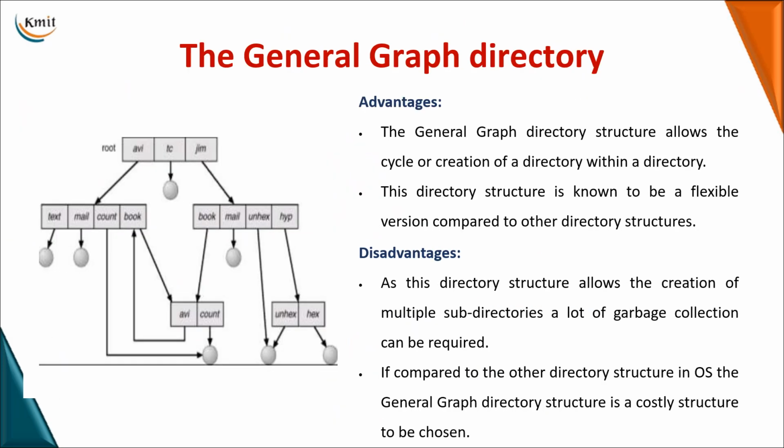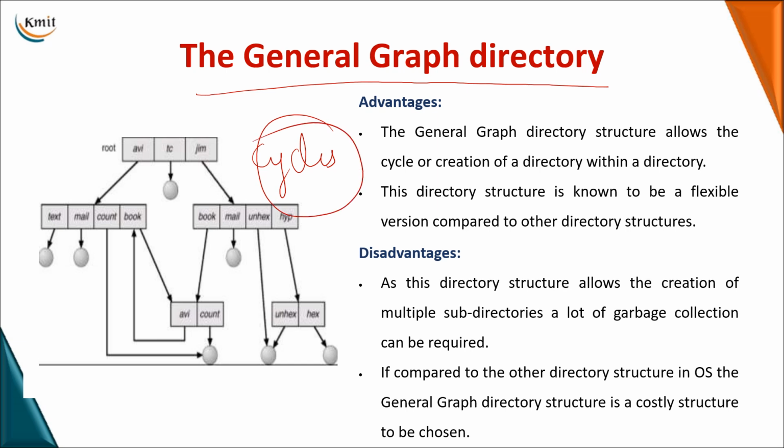The last directory structure is your general graph directory structure, where you have the concept of cycles in the graph. In an acyclic graph directory, as it implies, there were no cycles, but here when you establish a link between any of the directories or the subfiles, you get a cycle. This structure is used for creating a directory within another directory.